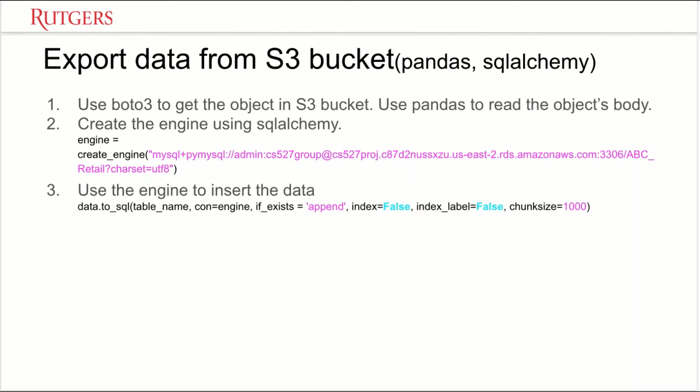This is the command listed on the screen, and the third step is to use the engine to insert the data to SQL, and we input the engine and the table names and some parameters. We set the chunksize equal to 1,000 so that it will not encounter the big file problem.